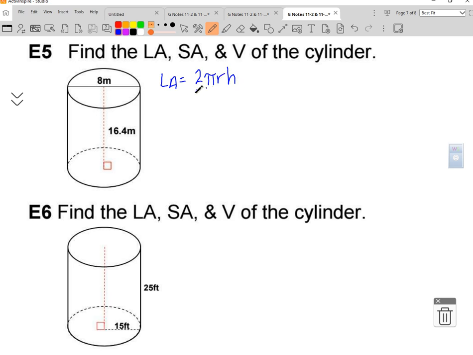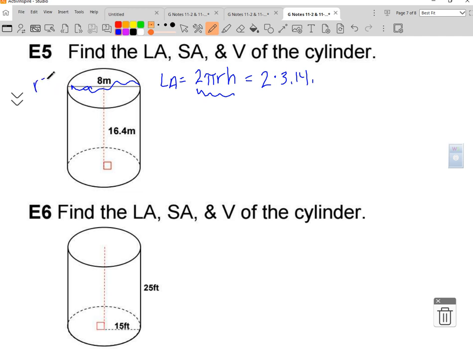So I'd like for you to write the formula, but to get credit for a problem, you must plug in for the formula. So I must see 2 times 3.14 for pi. Wait, is this the radius or the diameter? Yeah, if it draws a line across like that, it's a diameter.